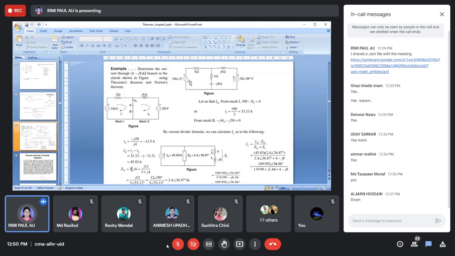So you can easily find out the current of this path, 100 by 3 and 50 angle 90 by J4. So the total current will be flowing through this path.